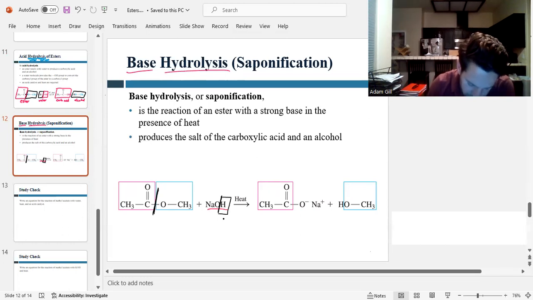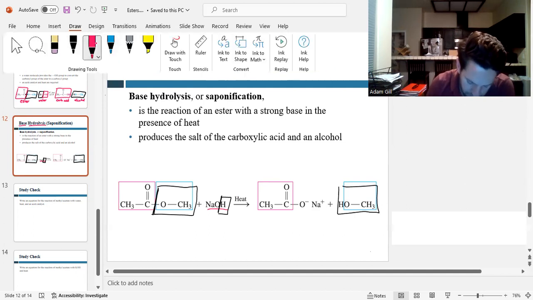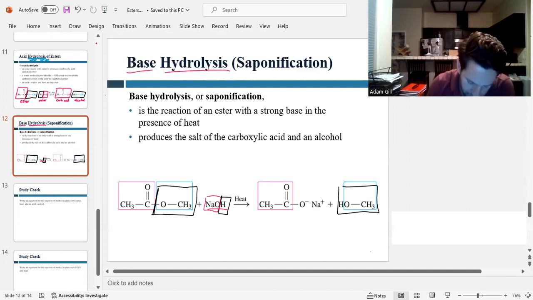We still get the hydrogen combining with the ester to make the alcohol. But now we have ONa, which combines with the carbonyl side to make the carboxylate salt.